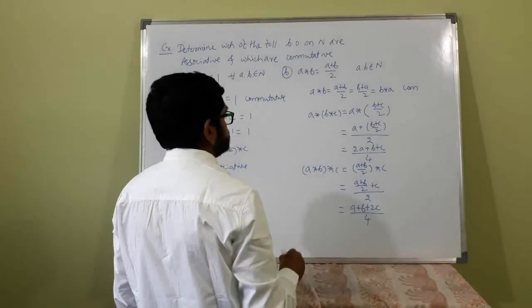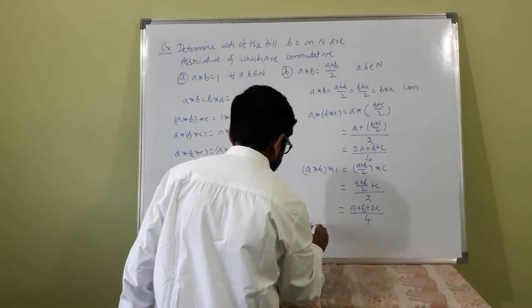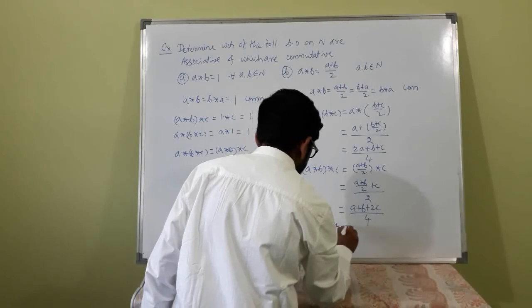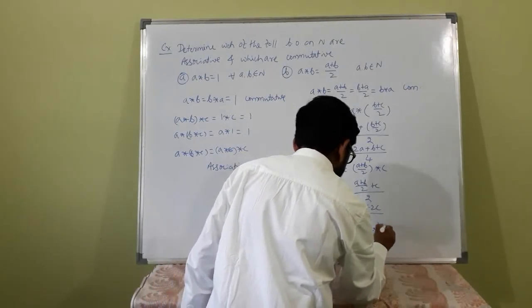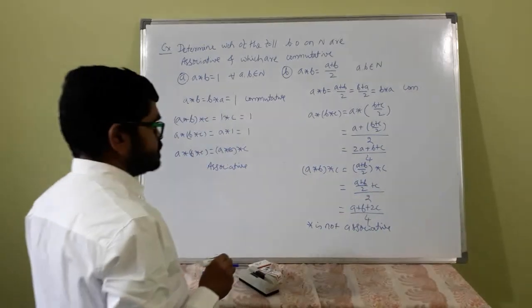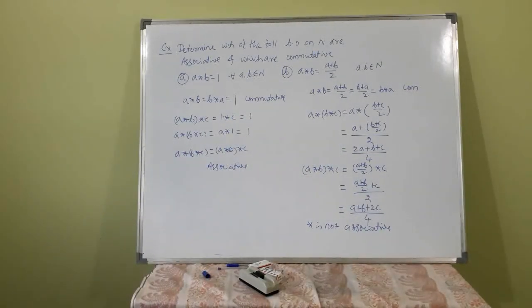So star is not associative. The binary operation star is not associative on the set of natural numbers.